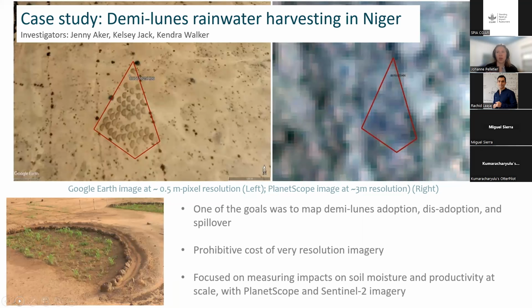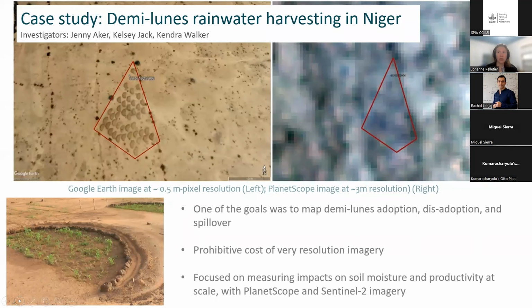The demi-lune, or half moon, are structures that will retain water flowing down the slope. And so it forms a sort of temporary pond that will make the soil more moist. The demi-lune project studied the impact of these structures that are about 1 meter by 4 meters in the Zinder region of Niger.